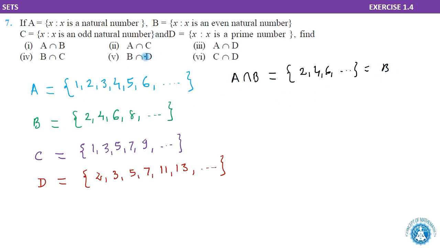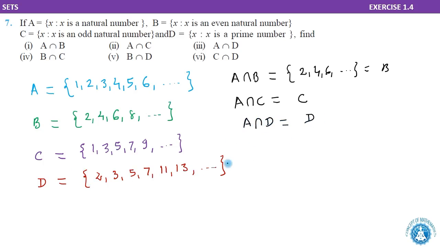And the intersection of A and C will have the odd numbers, so it will be set C only. And the intersection of A and D will have only prime numbers.